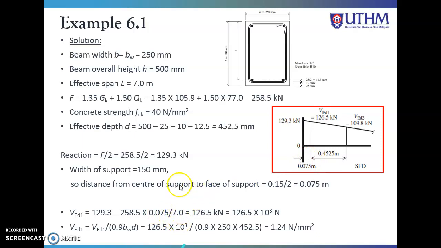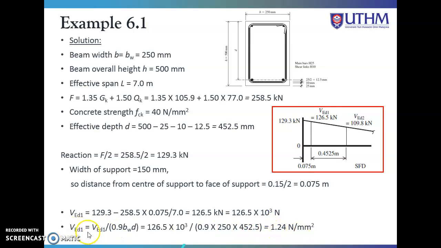Sebab 7 ni adalah dia punya length of the span. So kita akan dapat VED1 nilainya 126.5 kN. Okay. So we need to calculate, then we need to calculate the shear stress. Shear stress sama dengan shear force divide by the area. So we got the shear stress 1.24.